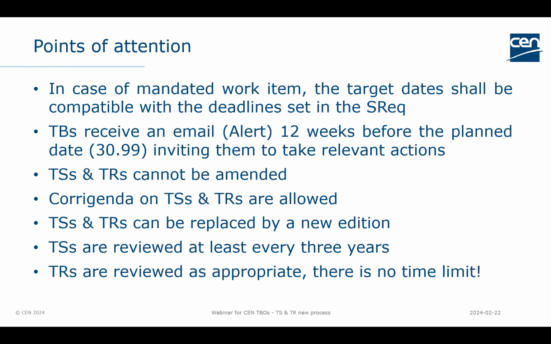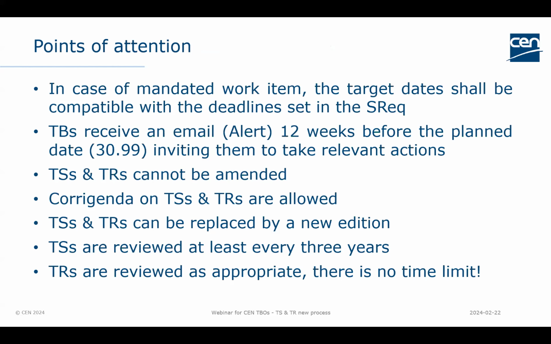So, points of attention. As I mentioned at the beginning of the presentation, in the case of a mandated work item, the target dates shall be compatible with the deadline set in the standardization request, which is very important.